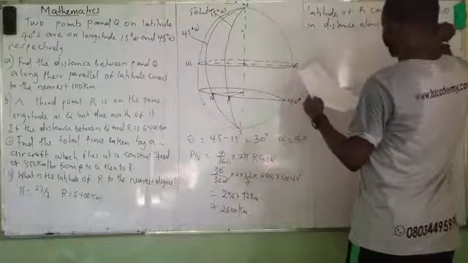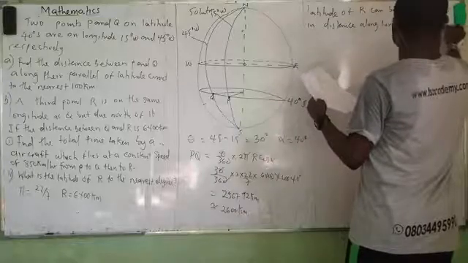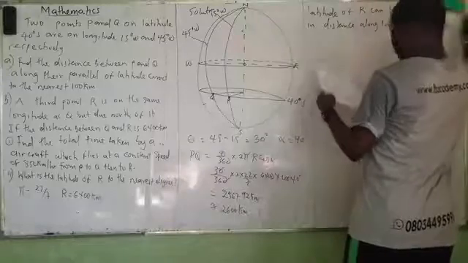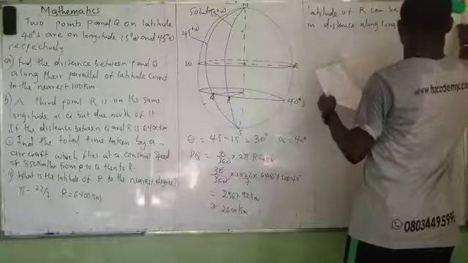QR equals to what? Theta all over 360 multiplied by 2 pi big R.